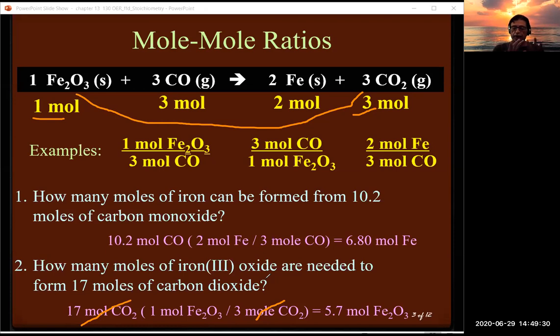Right now we're stopping at moles, but the obvious next step is to go to grams. Why? Because when you're in the lab, you're not measuring moles of anything. You're measuring grams. And so you've got to take the grams, convert to moles, and then from moles, convert that to grams.